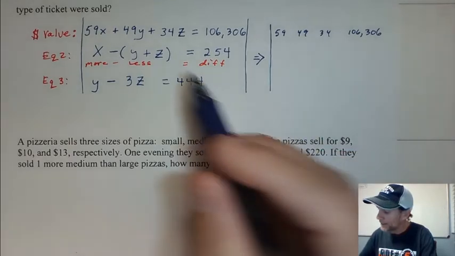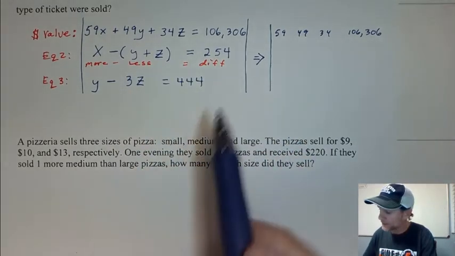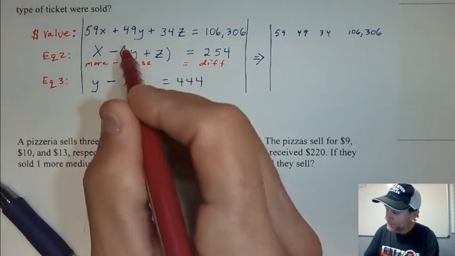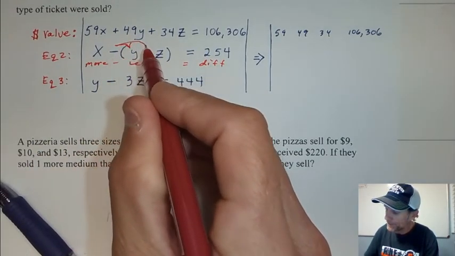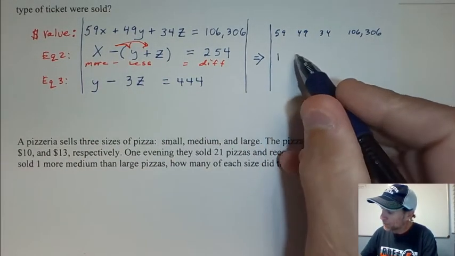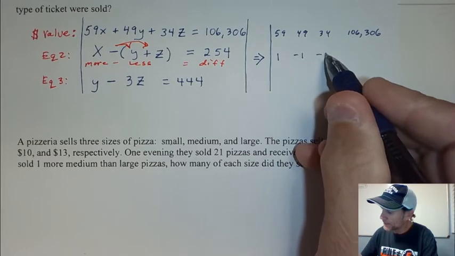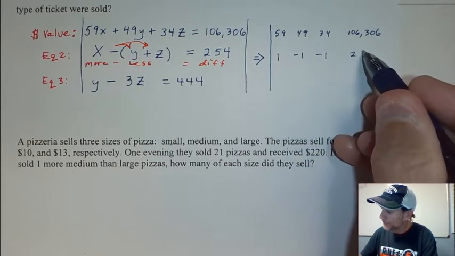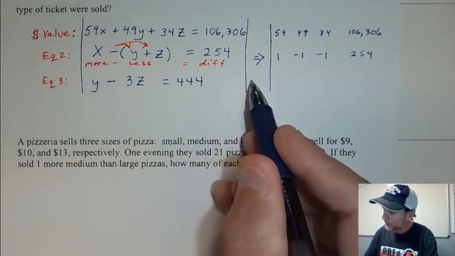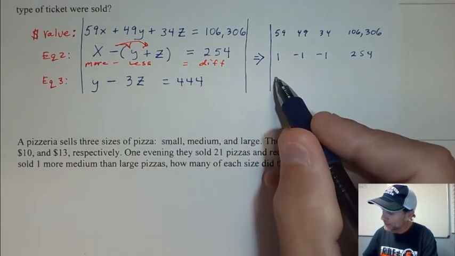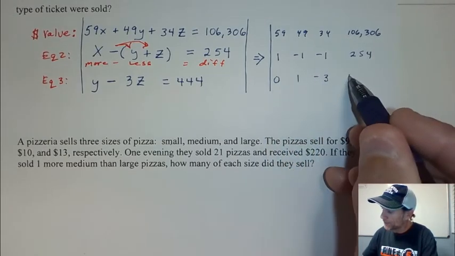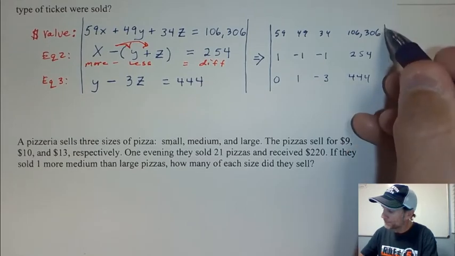Then this is the row that students often mess up because they forget that this negative sign here has to travel into the parenthesis because of the distributive property, and what we get is x is 1, y is -1, z is -1, and 254. Then this one's a little bit tricky too, in that we don't have any x's, so we just say 0, 1, -3, 440.